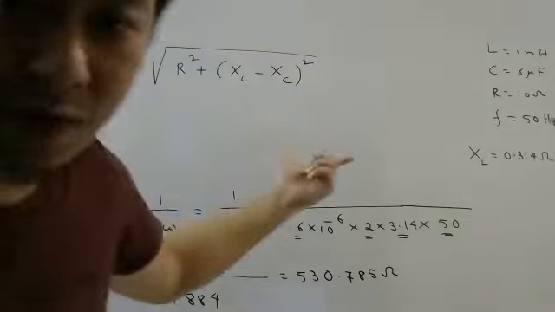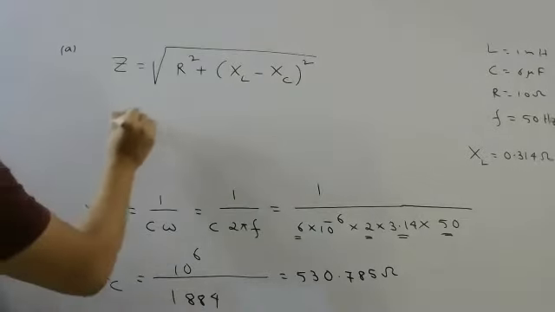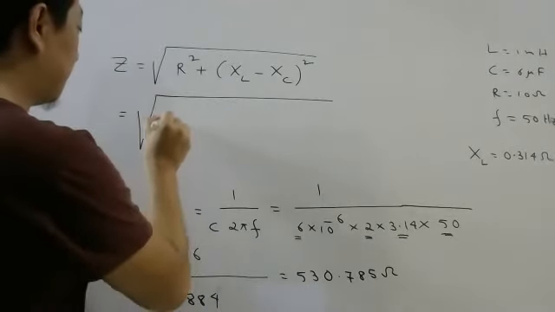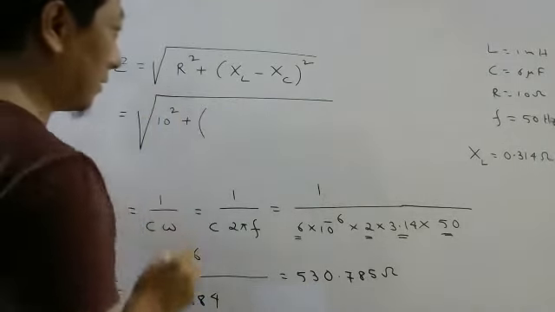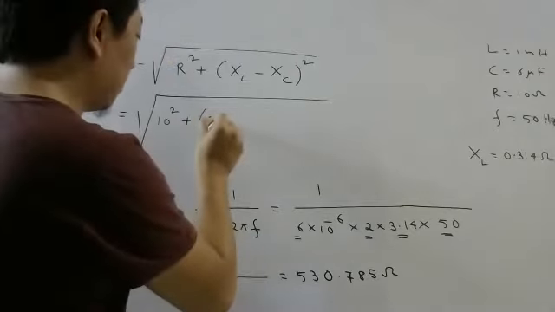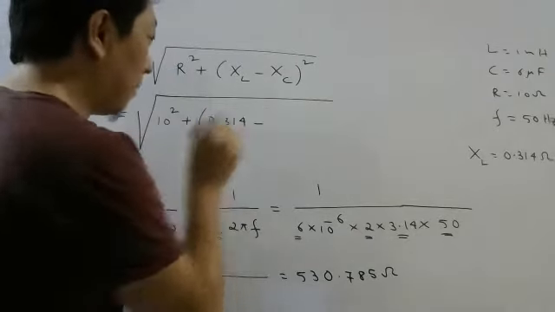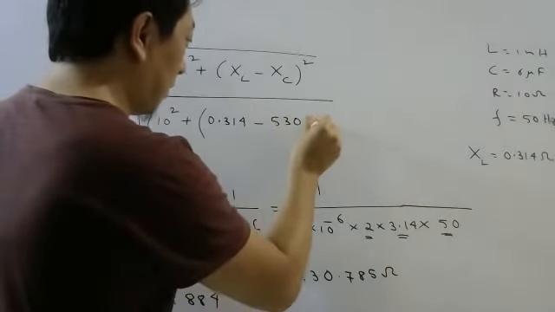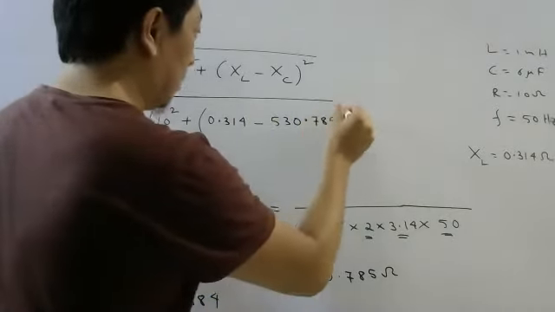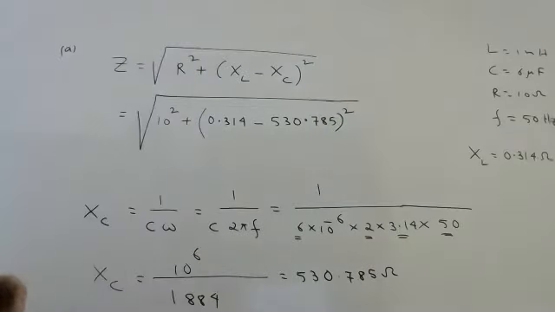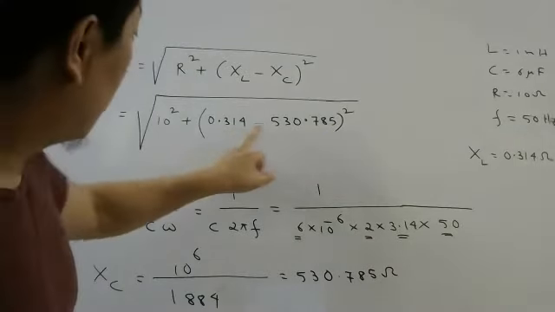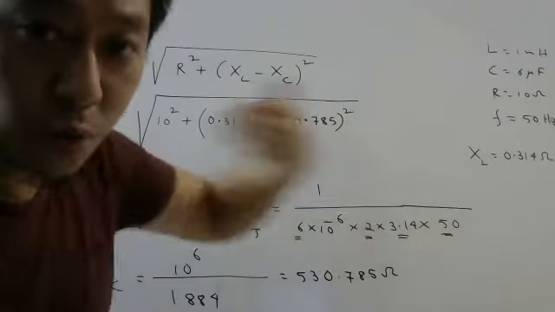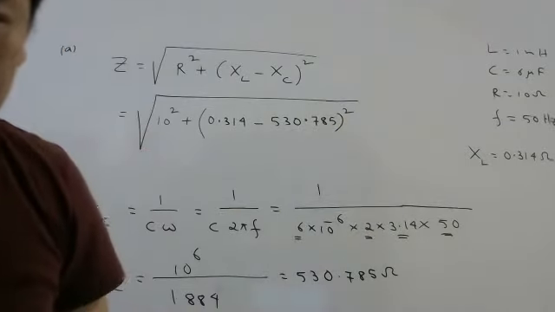Okay, we have done the derivation already. So R value was, if you remember, 10. XL is very small, 0.314 minus 530.785 to square it. Now don't worry if this is smaller than this, because there is a square here. Once you square a negative number, it will become a positive number, right?